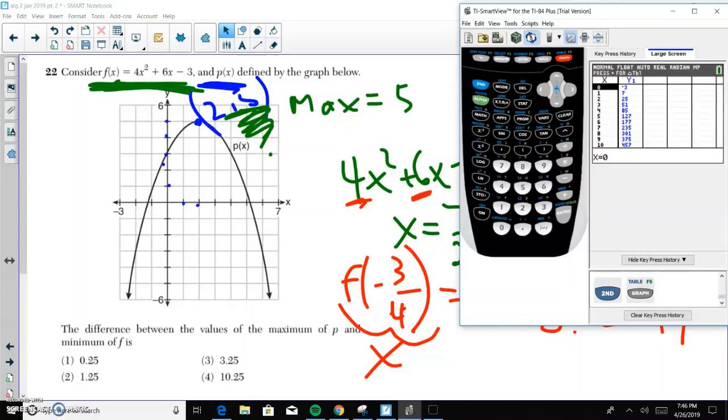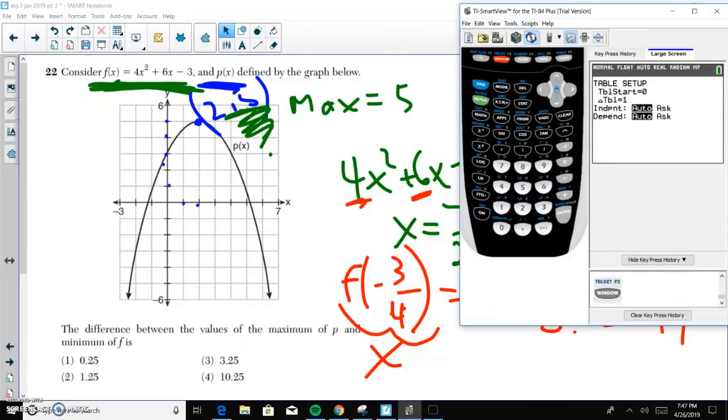So we want in the x value section negative 3 over 4. However, our table is only going by ones. So we want to go to second window to edit our table set.